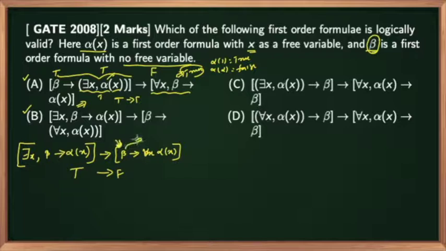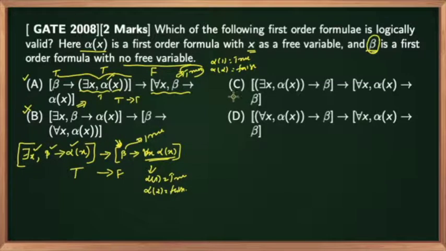That means beta should be true, and for all x alpha of x should be false. So let me have alpha 1 is equal to true and alpha 2 is equal to false, right? So beta is true. So there exists an x, beta implies alpha of x. That's also true because alpha 1 is true. So we have true implies false, right? So B is not valid.